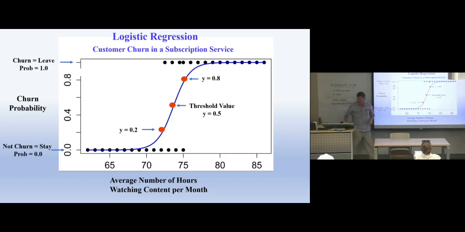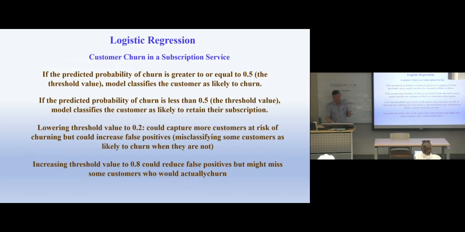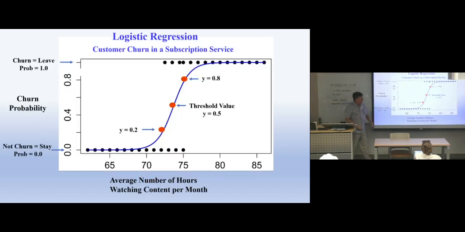But what are you going to get? You get more false positives. I'm going to misclassify some customers as likely to churn when they're not. Remember, you're trying to predict churn here, which is a negative outcome. So don't get confused when you're predicting a negative outcome. Fraudulent credit card transaction, negative outcome. If you increase it up to 0.8, now I've moved the threshold value to 0.8.